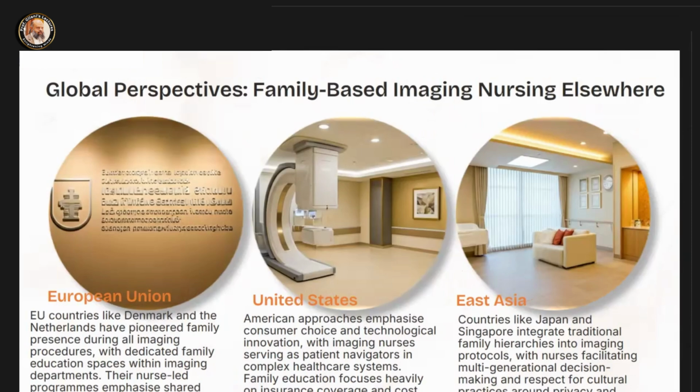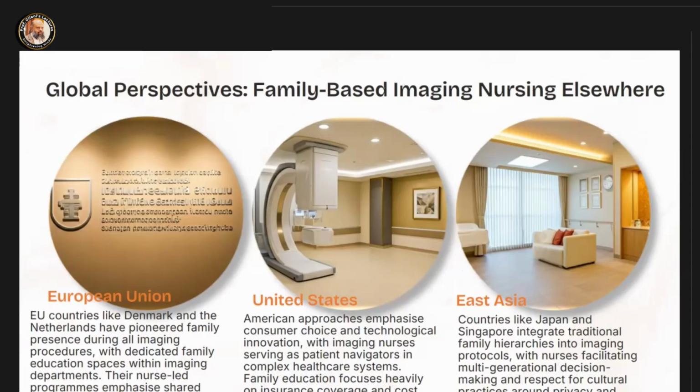In the US, American approaches emphasize consumer choice and technological innovation, with imaging nurses serving as patient navigators in a complex healthcare system. Family education focuses heavily on insurance coverage and cost considerations.